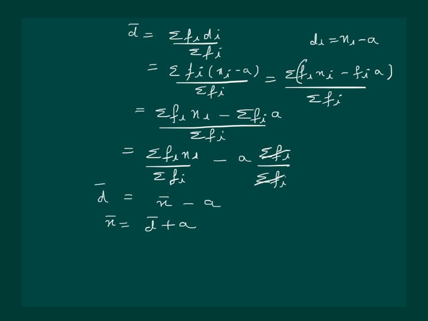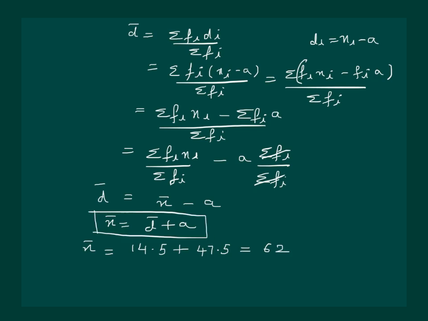Hence, our mean should be x bar equal to d bar, which came out to be 14.5, plus a that we have assumed to be 47.5, implying that mean will be 62.